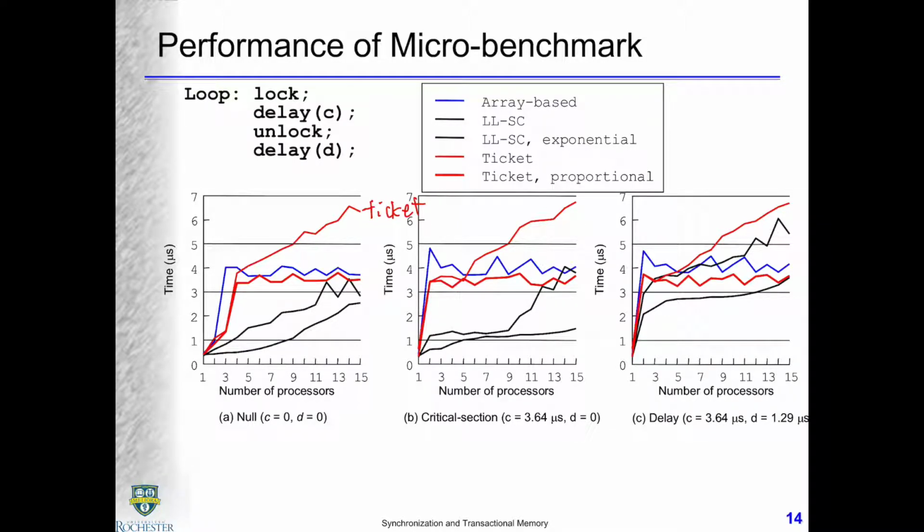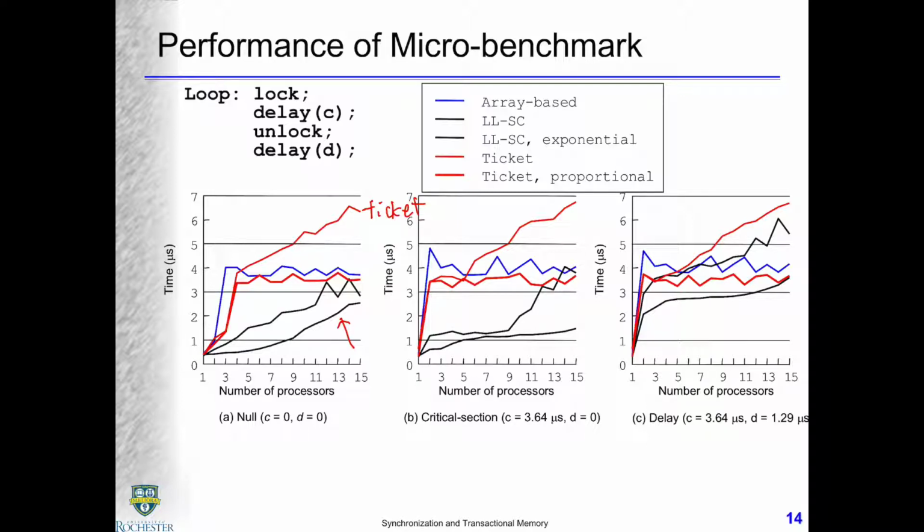The thicker line is ticket with proportional backoff. Array based is the blue, and the two black you can kind of guess too. With exponential backoff, it's better over here, but it's still going up. The more people there are, the more likely you have conflict.